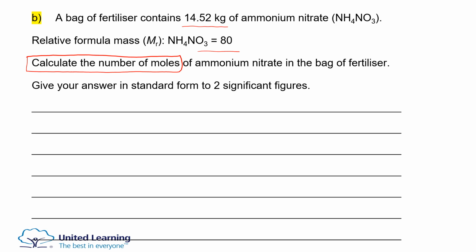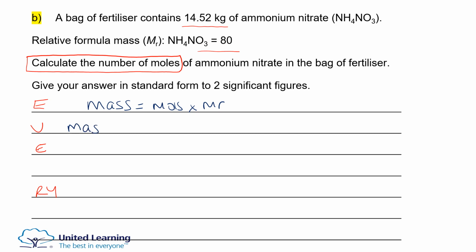Whenever you're doing a question like this, always use the EVERY method, which we have taught you to use throughout Key Stage 4. So first off, start by writing in the equation mass equals moles times MR.